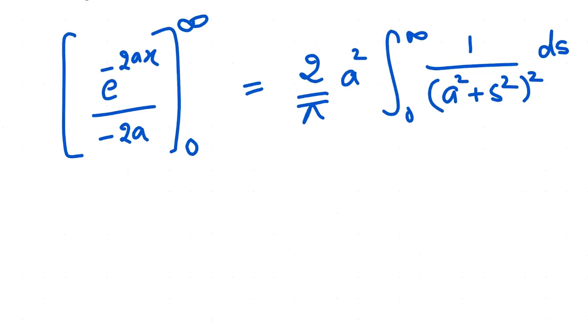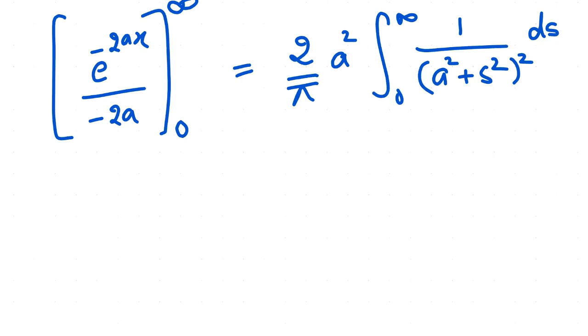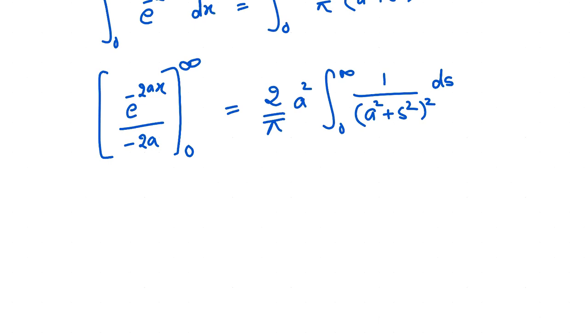So let us simplify using the limit. If we use infinity here, then we will get 0, minus, and if we put 0, then its value will be 1, so it will be 1 by 2a.